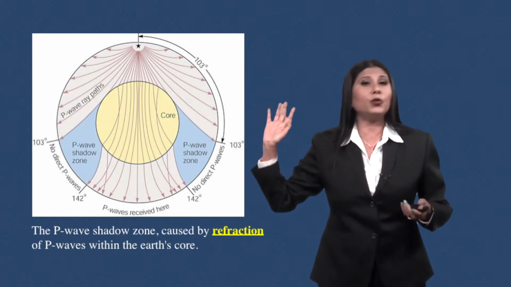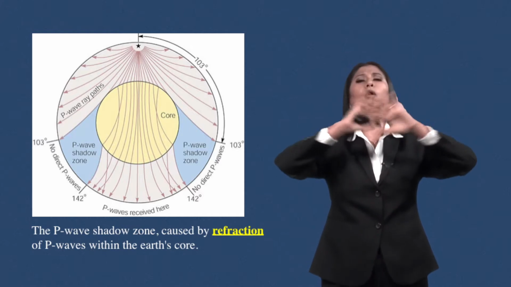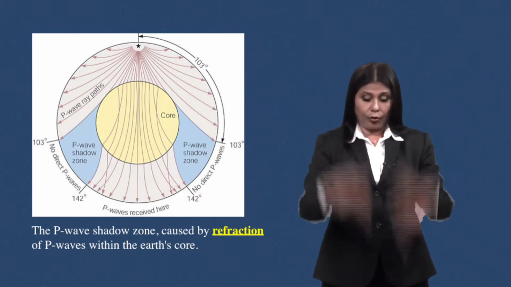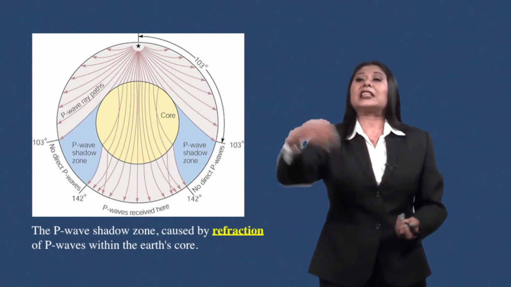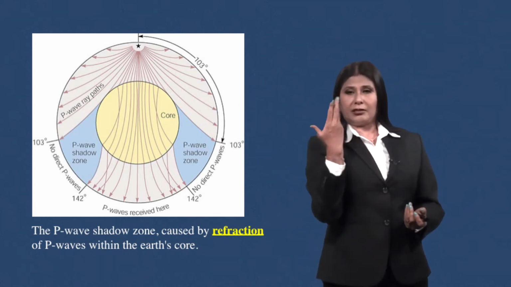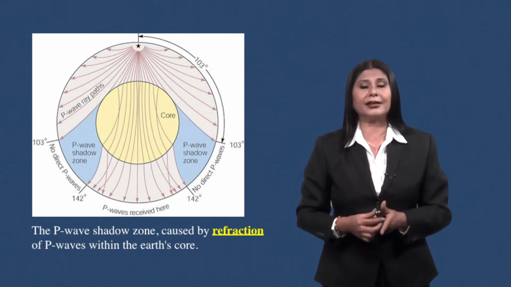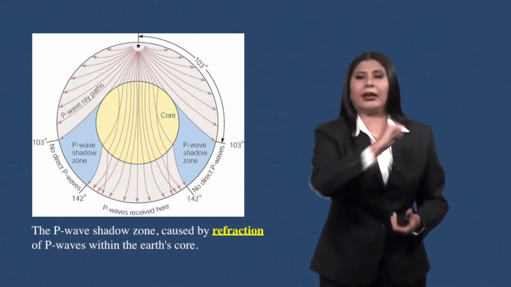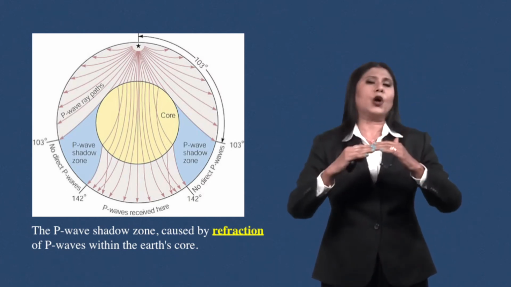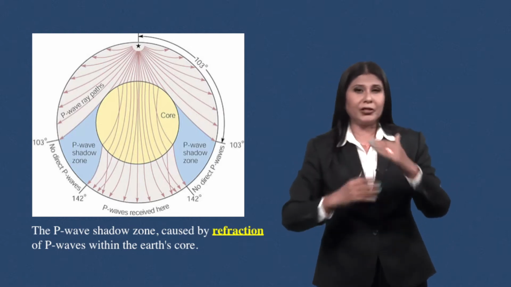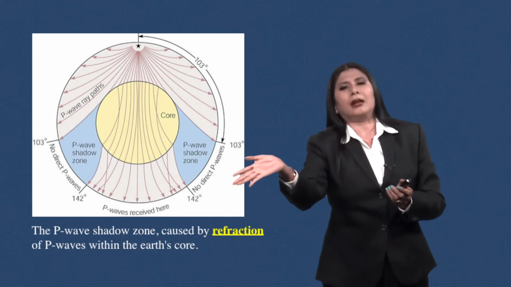Let us look at what the P wave does. It will travel from that point all over the world, cutting through the interior of the earth. If it is happening in America, it will cut through the interior of the earth, and the signal will come till here. But when it is travelling at a depth of around 2000-3000 kilometers, the P wave starts bending or refracting.